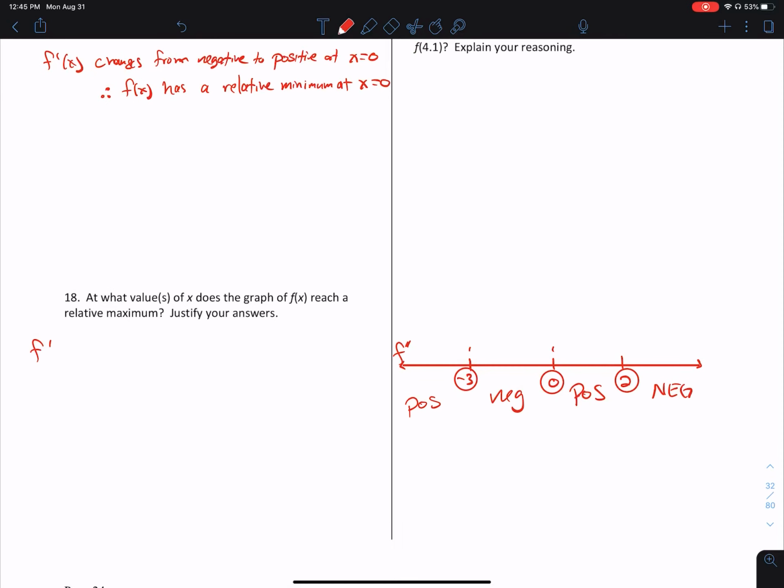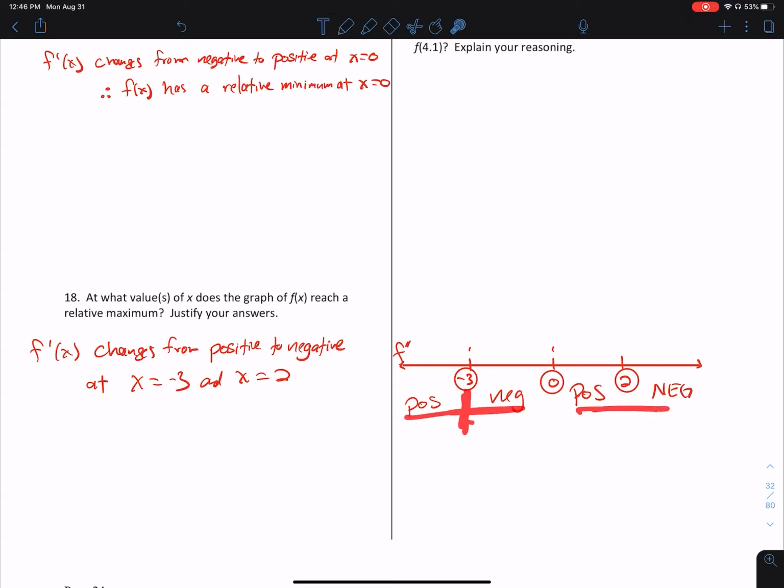F prime of x changes from positive to negative at x equals -3 and x equals 2. Positive to negative here, positive to negative here.